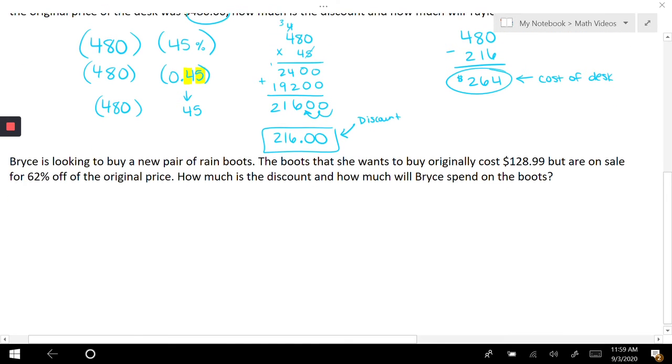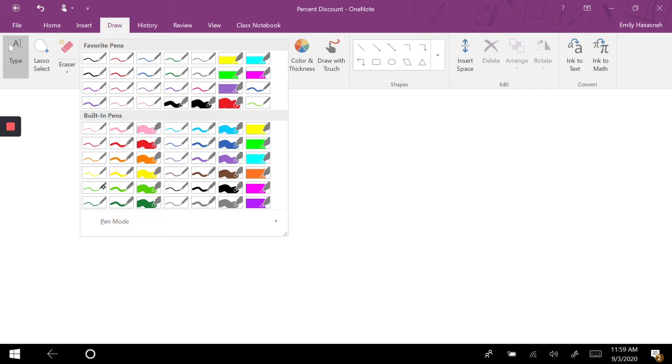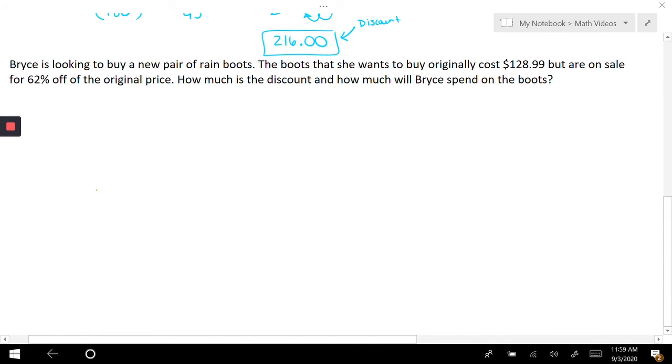Now the next one, it just has a few more messy numbers that we're going to be dealing with. So again, let's start off with what do we know. We know that the cost is originally $128.99 on sale for 62% off of the original price. Again, we're going to do multiplication. $128.99 multiplied by 62%.